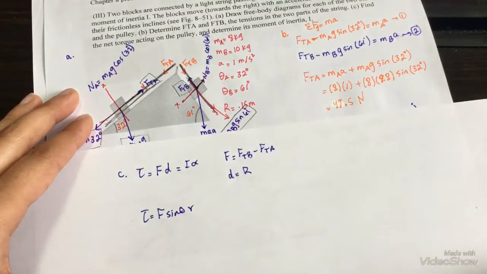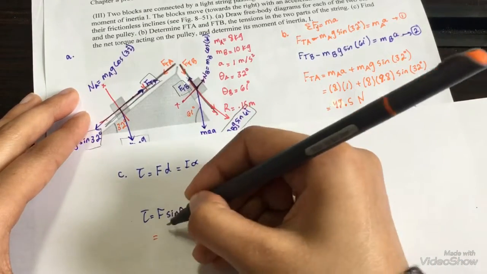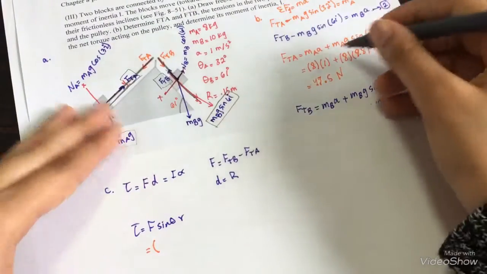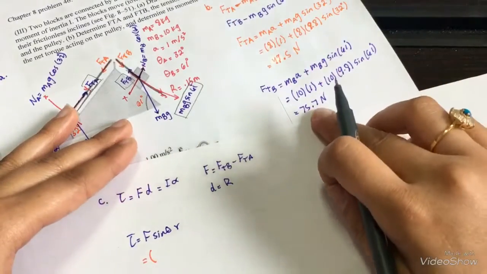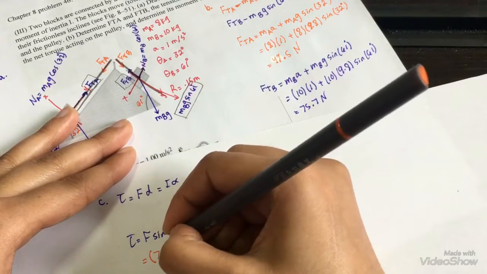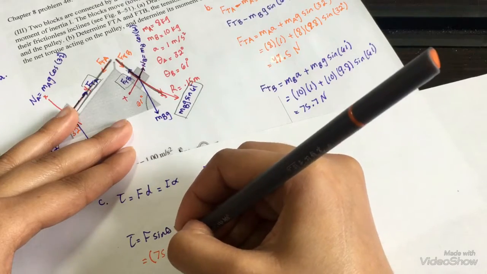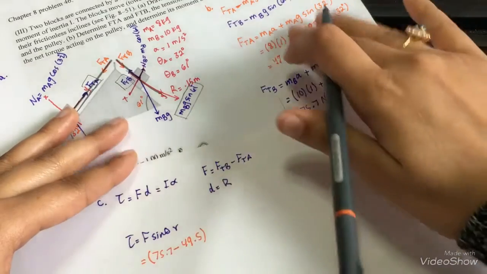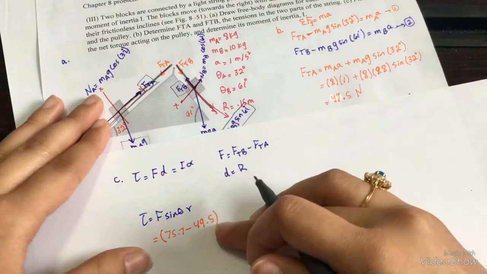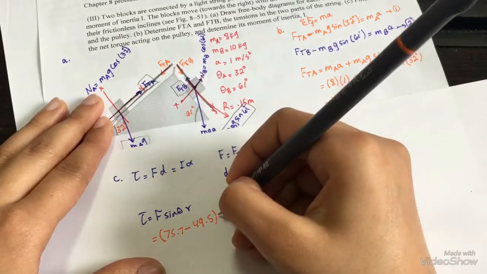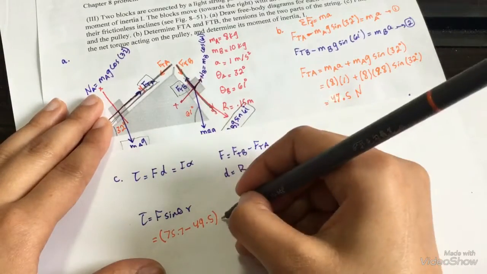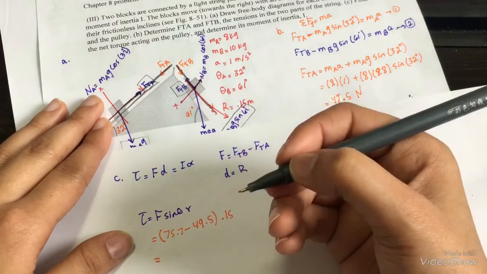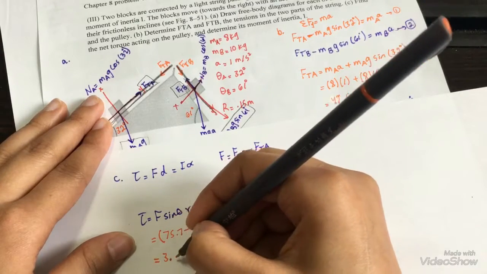If the force, which we already found, is 75.7 minus 49.5, so this is tension force B minus tension force A, multiplied by the radius, which is 0.15, the torque is going to give us 3.93.